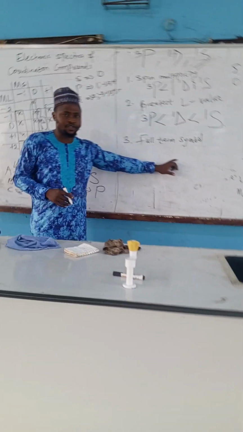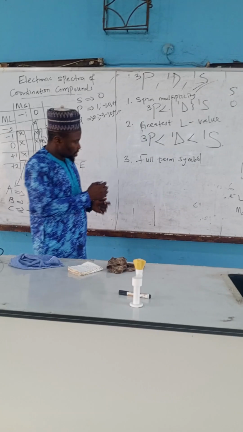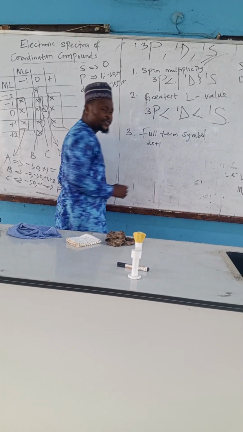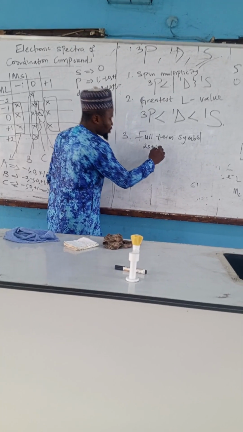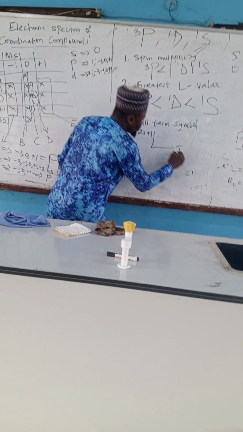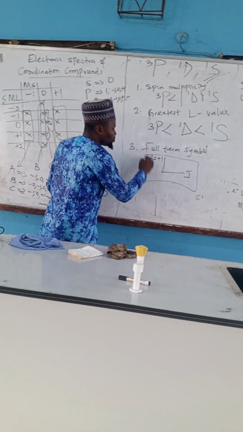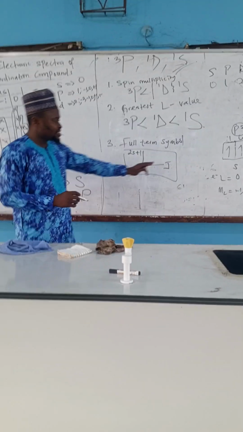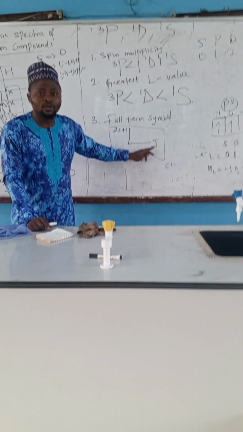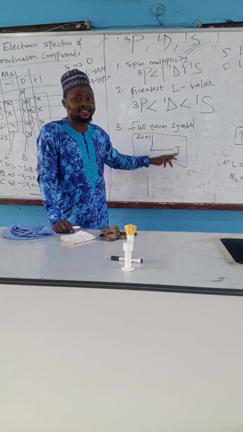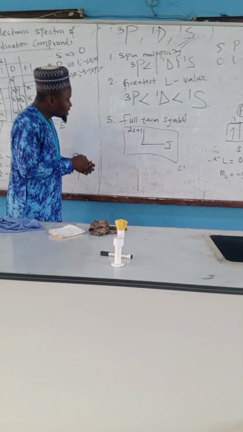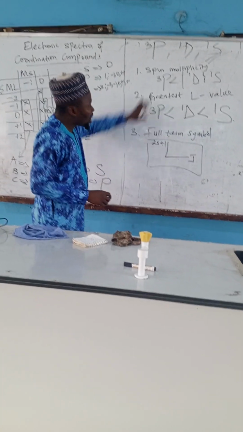Full term symbols. We have our spin multiplicity from our previous classes, which is 2S plus 1, L, J. This is the way full term symbols are. This J is called Saunders coupling.